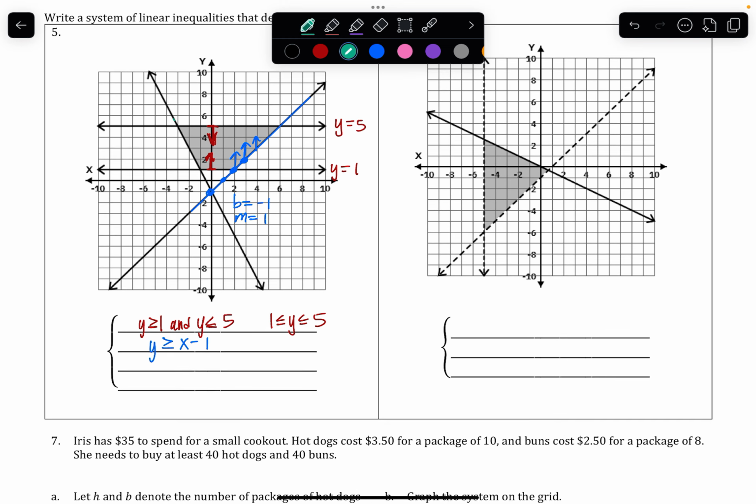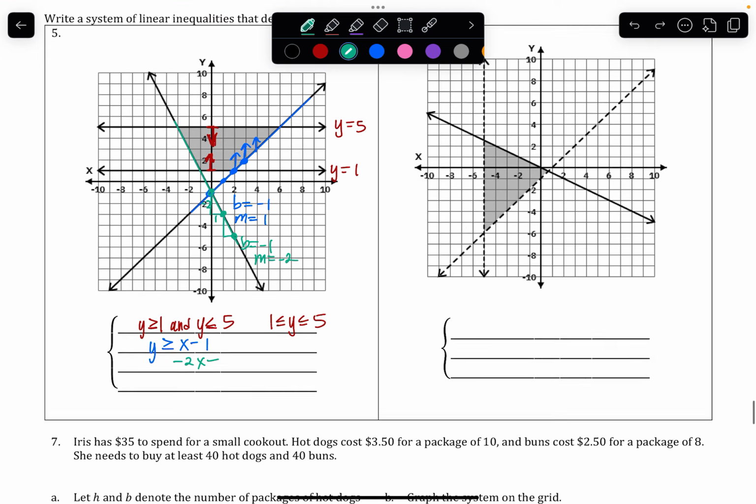Okay, and then lastly, the green line also has a y-intercept of -1. His slope looks like down 2/1, so -2. It's a negative slope. So I know I'm going to have a -2x -1.